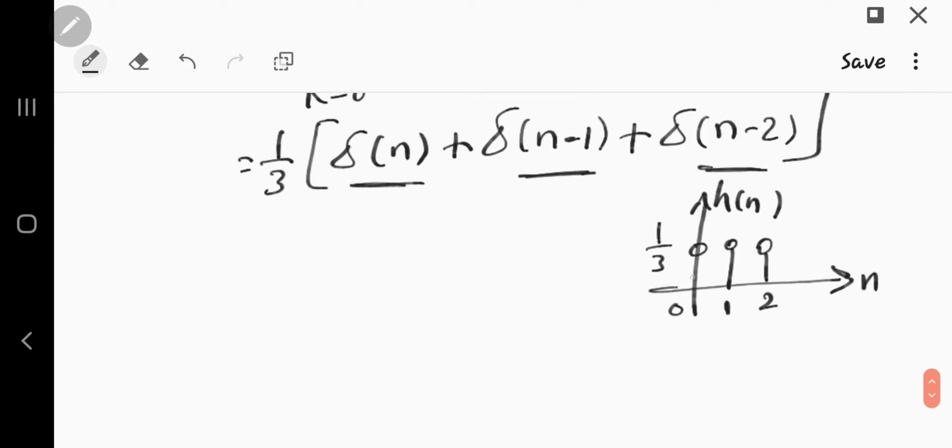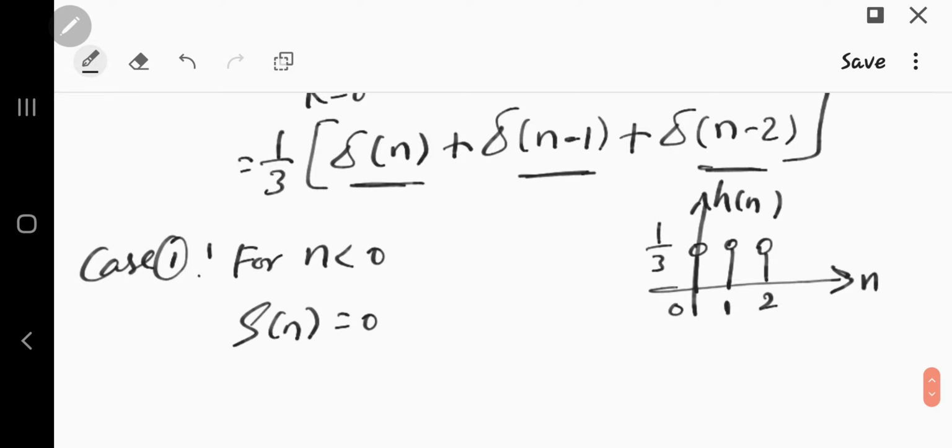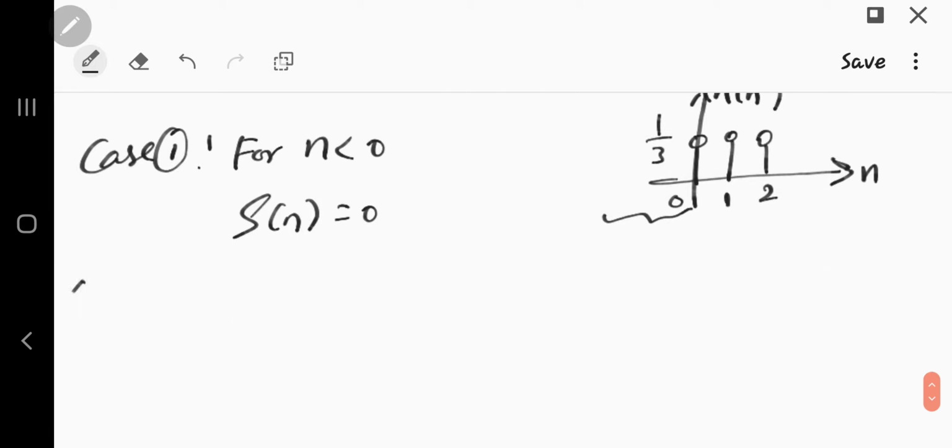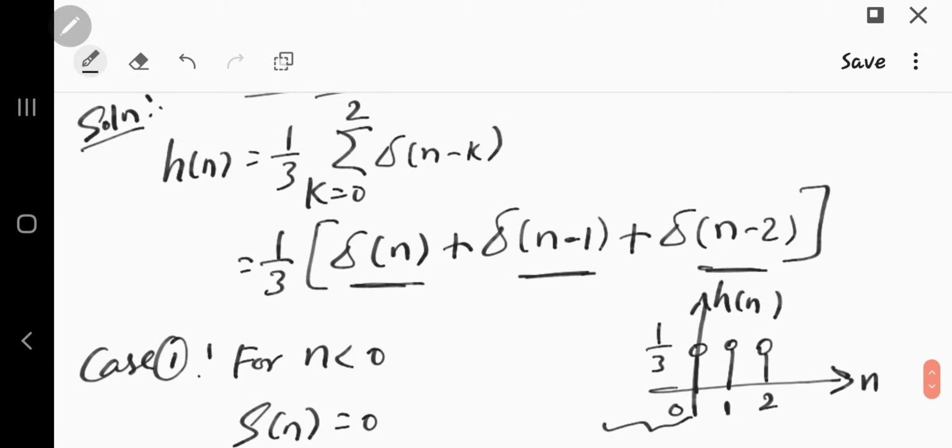Okay. Now for this signal we have to find the step response. First, case 1: for n less than 0, our s of n will be 0 because there is no signal here. Now in the second case, case 2, since the signal exists at 0, 1 and 2, we have to find s of n only for these values. Okay.